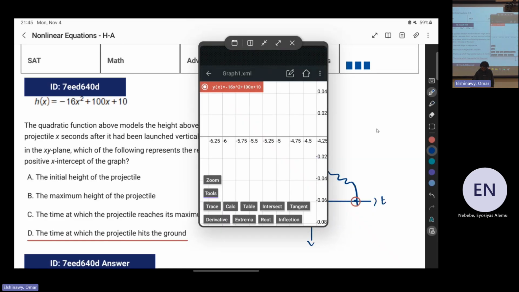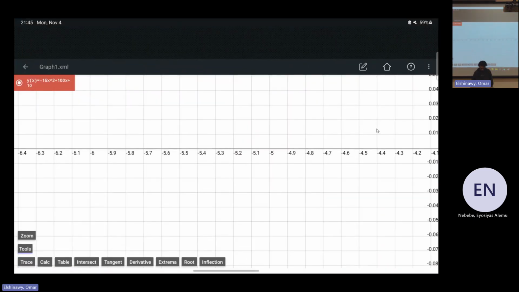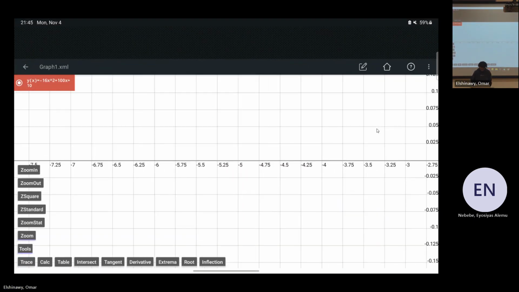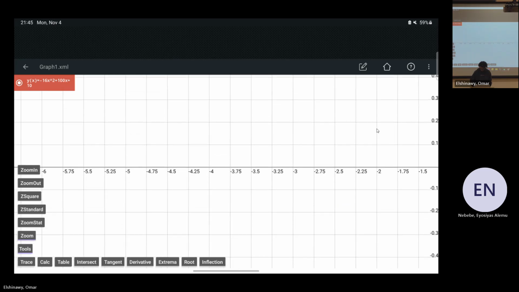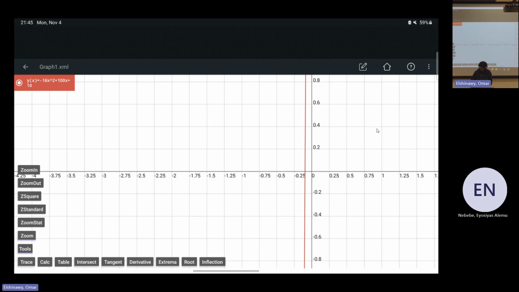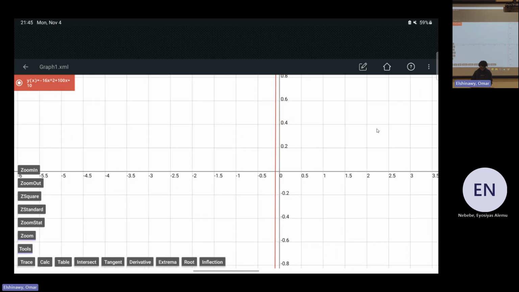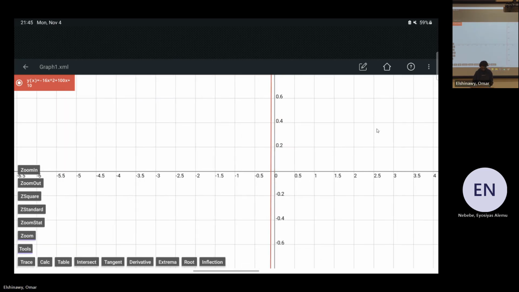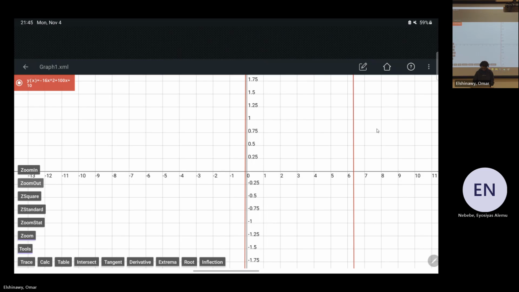We can go full screen. So why not? So this is the graph.